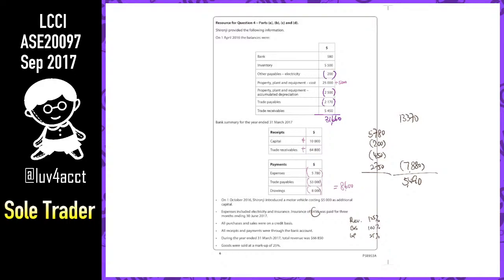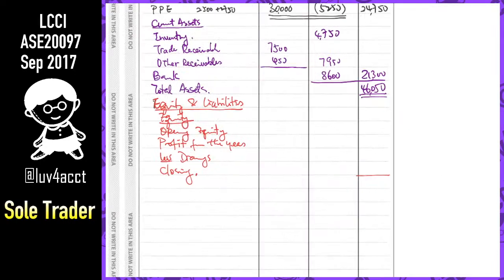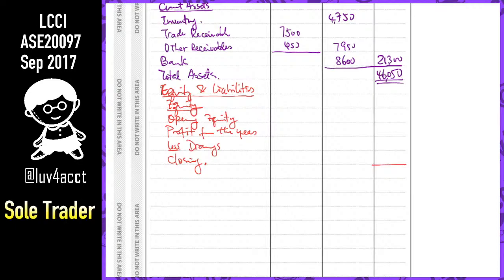Okay, let us put it in the statement. Opening equity 31660. Okay, and additional equity 15,000.